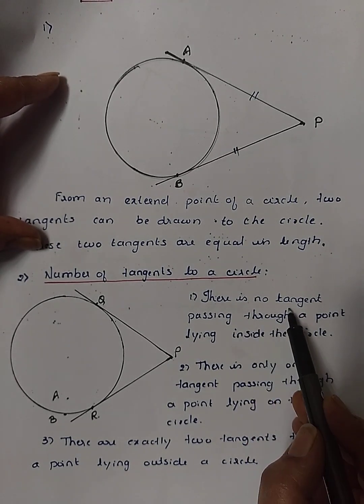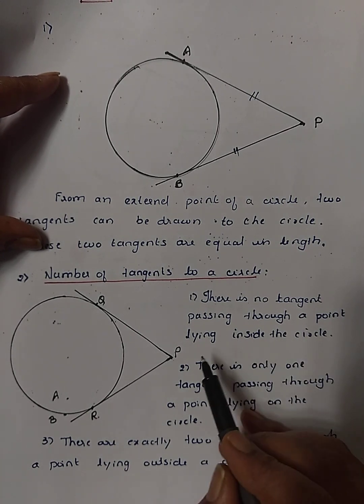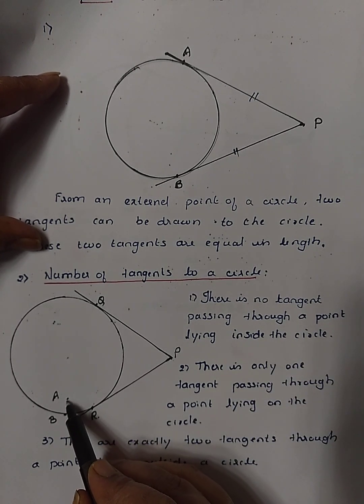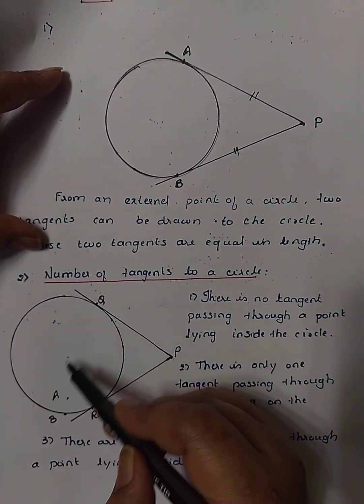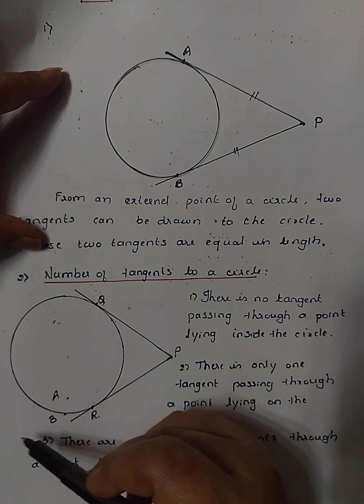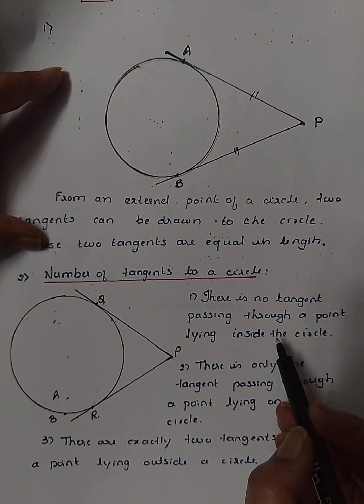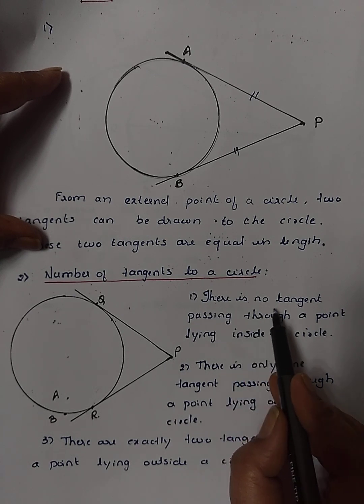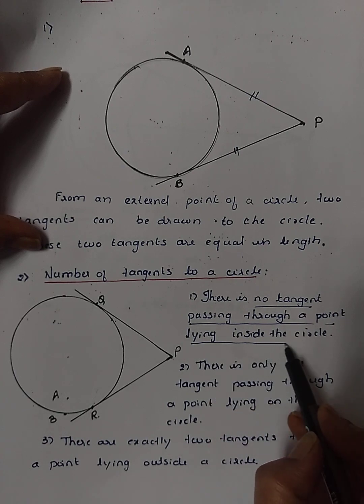There is no tangent passing through a point lying inside the circle. Suppose A is a point inside the circle. Suppose this is a circle, this part is the interior of the circle, and this is the exterior of the circle.